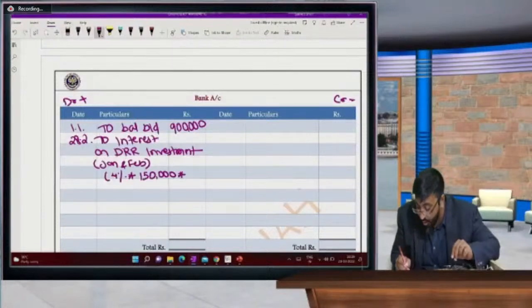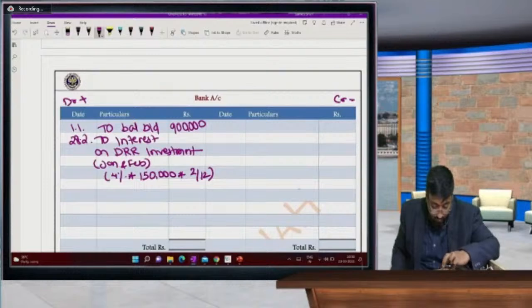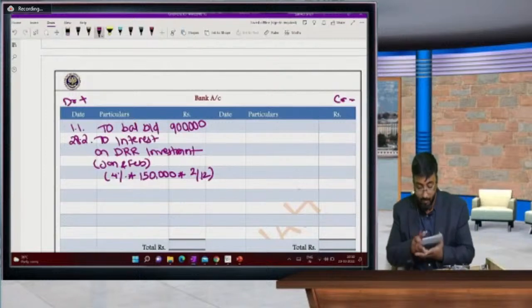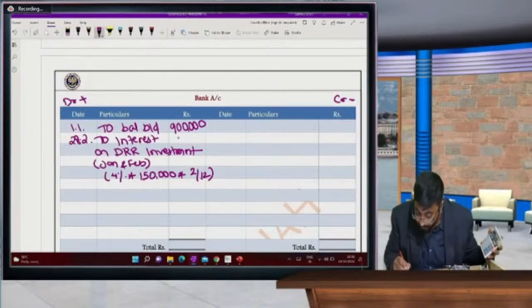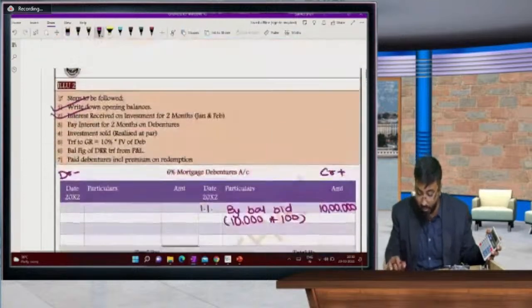You can check, cost and par value are the same. We will assume cost and par value are the same. So 1,50,000 into 4% into 2 by 12. So what is the amount? Interest is 1,000. Okay, so second step over.